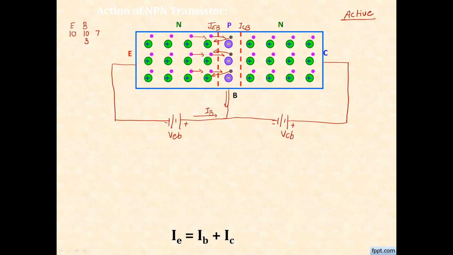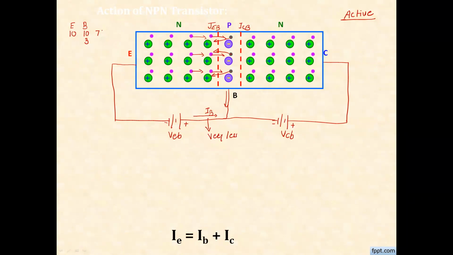And as you know, the holes are very few in the P region, so a very small number of electrons combine with the holes and constitute the base current, so the base current in the transistor is always very small.